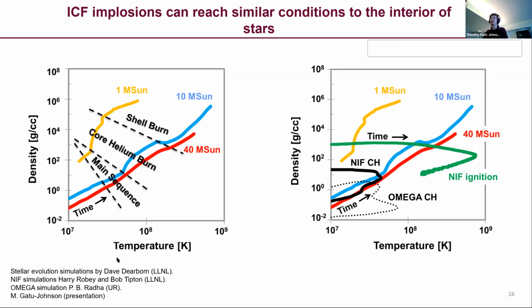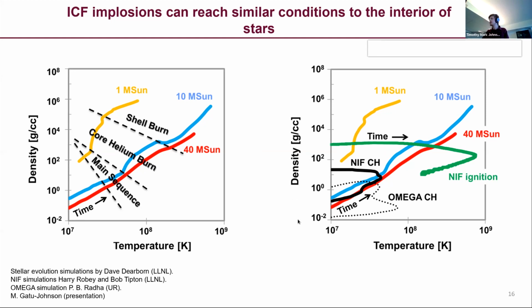We see on the left-hand side here a density and temperature space, and overlaid on that are the different trajectories of the evolution of stars. We see, for example, 1 solar mass stars and up to 40 solar mass stars. Typically the conditions of interest are going to be in this main sequence region where stars hang out for most of their life.